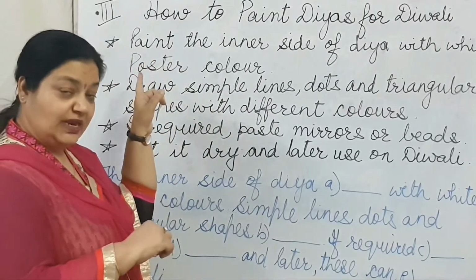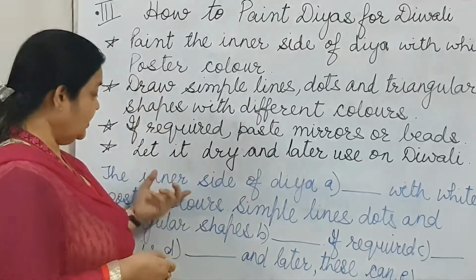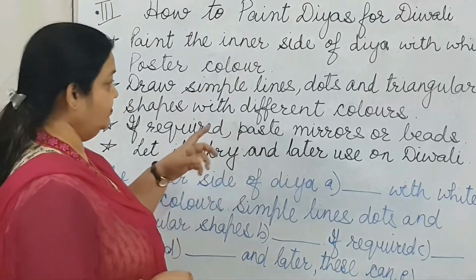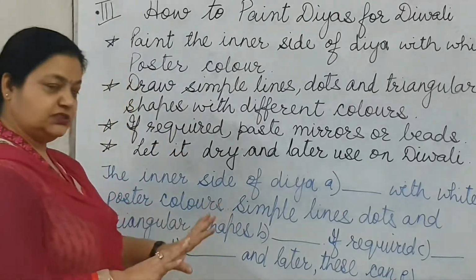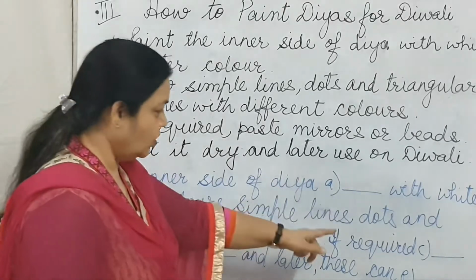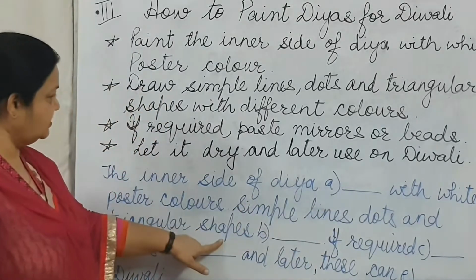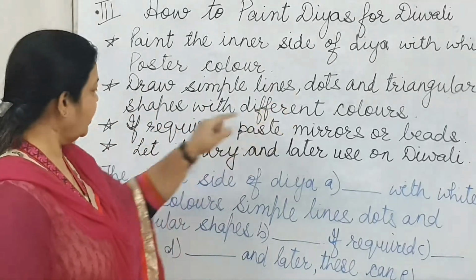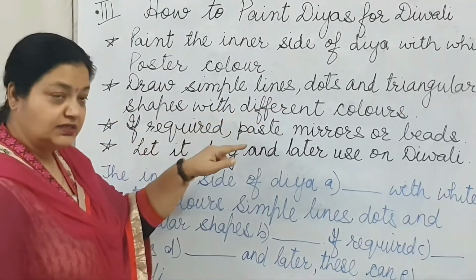Is verb, helping verb, and inner side singular, so is painted, the third form, with white poster color. That much is completed. Next, simple lines, dots and triangular shapes. Dash. Draw simple lines, dots, triangular shapes with different colors.